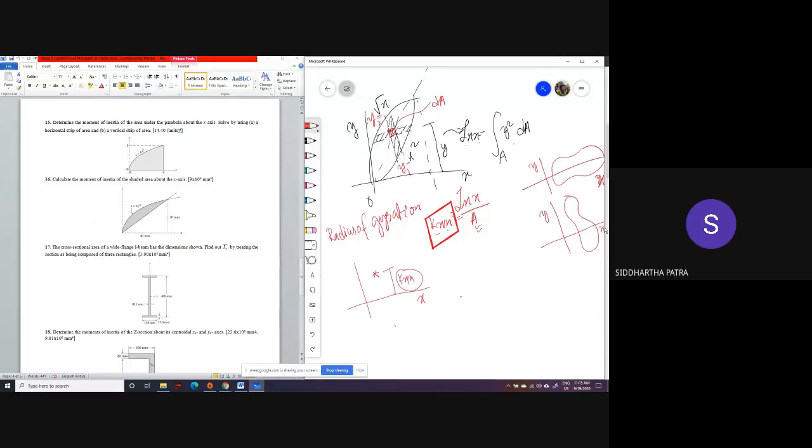Just like the radius of gyration when you are talking about mass moment of inertia. Let's say about the x-axis, you are trying to get the mass moment of inertia of a rigid body. Let's say it is performing rotation, so you need the mass moment of inertia to calculate angular acceleration: apply some torque and you need to get the alpha.